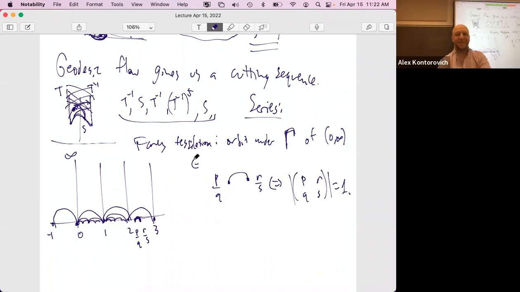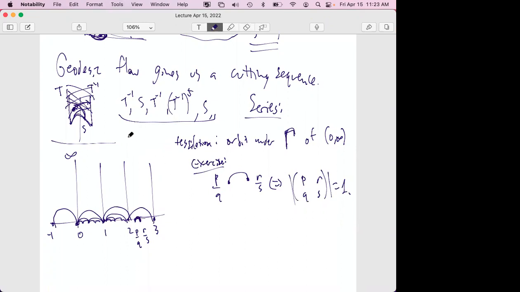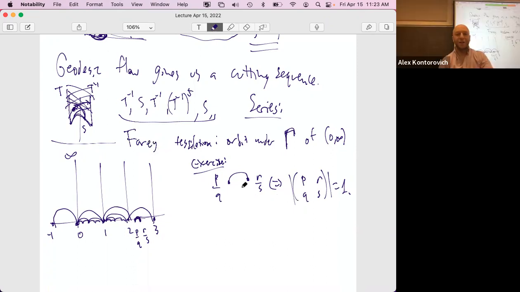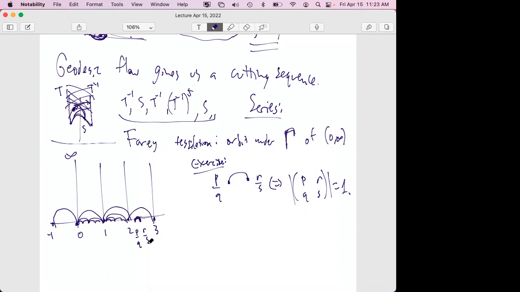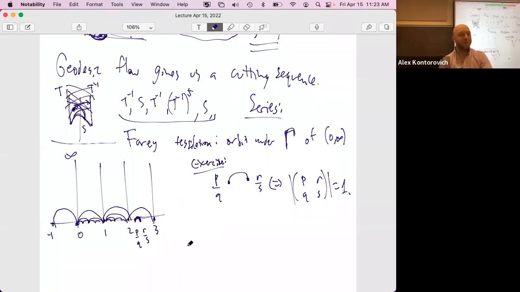Okay, so let's make that a little exercise. This is a very fun thing to play with. If you haven't played with this, just start asking any question you want, and there'll be something interesting. That's the same as saying they're adjacent Farey fractions, right? Exactly, adjacent Farey fractions. There's all kinds of beautiful stuff that you can do with this.